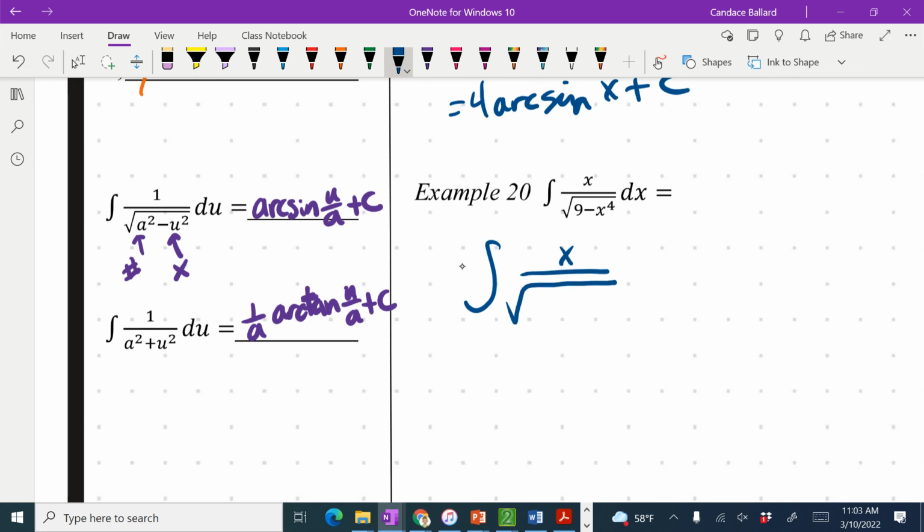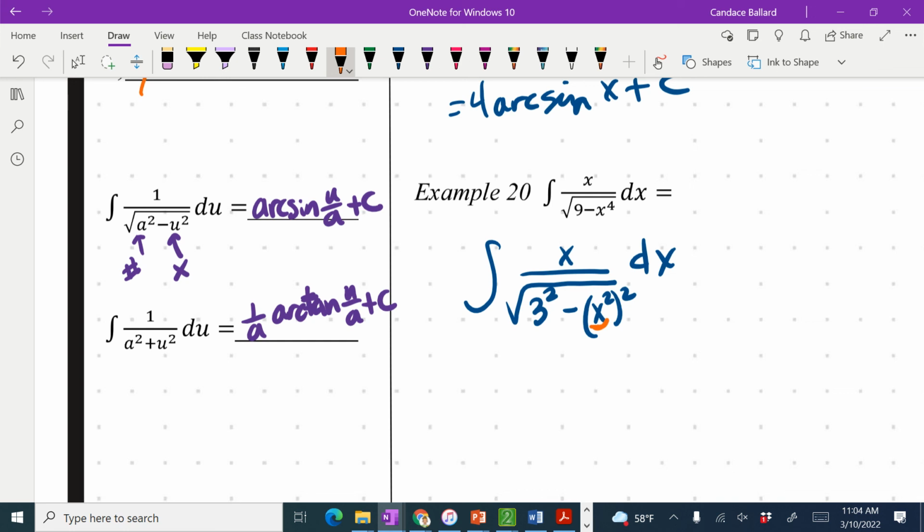What is another name for 9? 3 squared. Good. And another name for x to the 4th would be x squared squared, because I'm trying to start developing that format of the arcs. But I'm not quite there yet because of the x in the numerator. We are going to go ahead and use this as u.